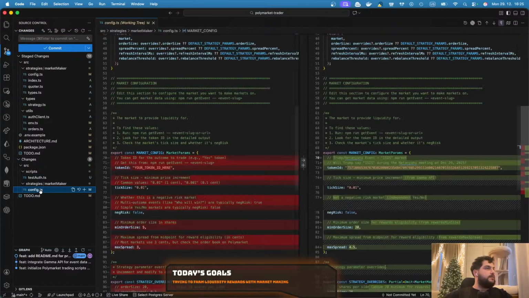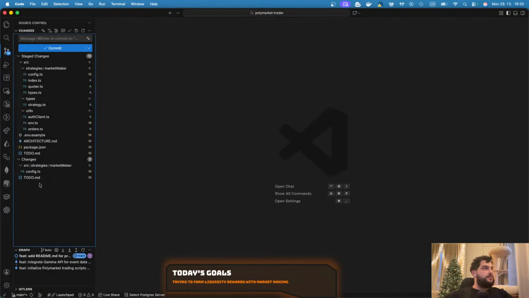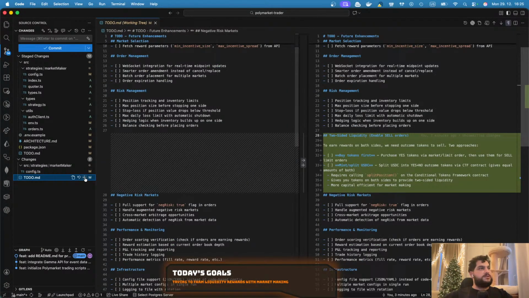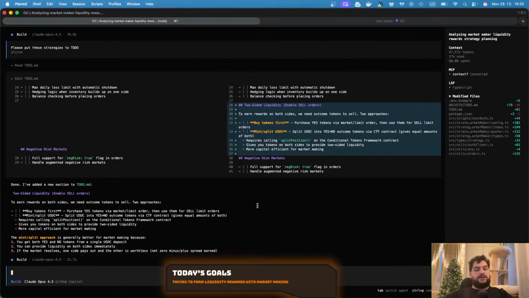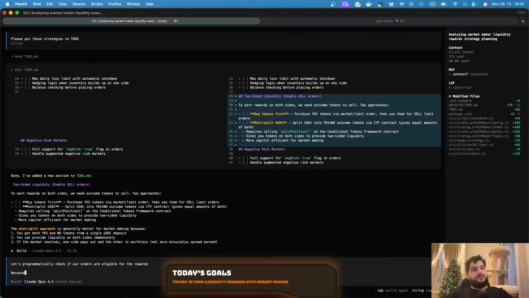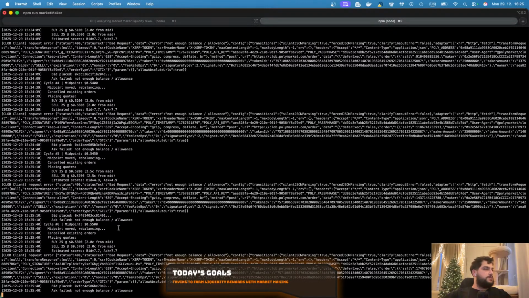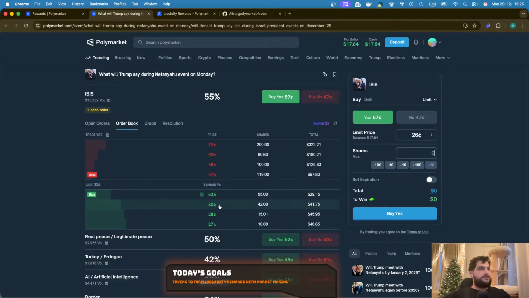What we have here, what I think we don't need anymore. Market maker params, let's keep it like this, and the to-do list, let's save it, all good. So now let's programmatically check if our orders are eligible for the rewards, because docs. Okay, let's just do that. So again it moved our orders.